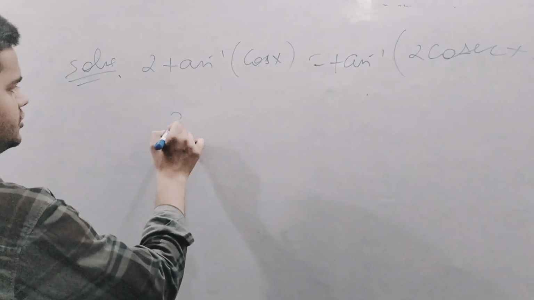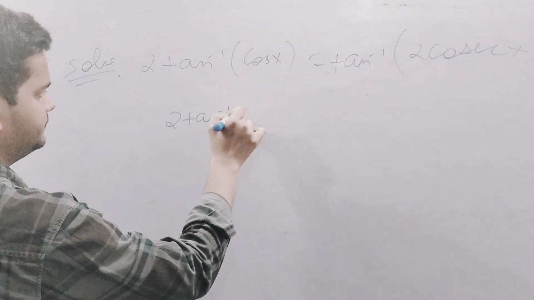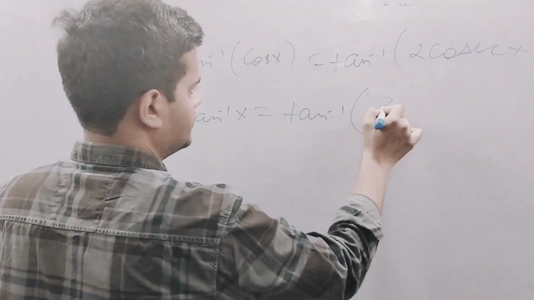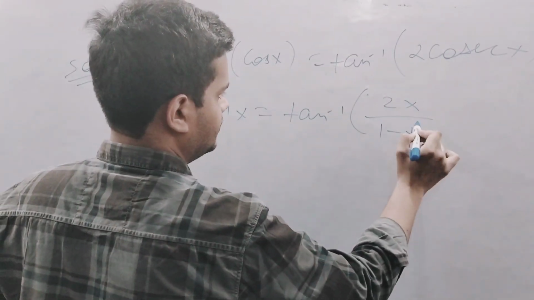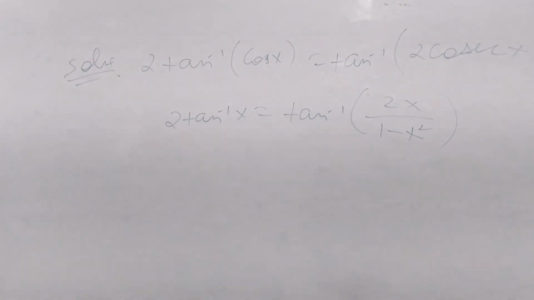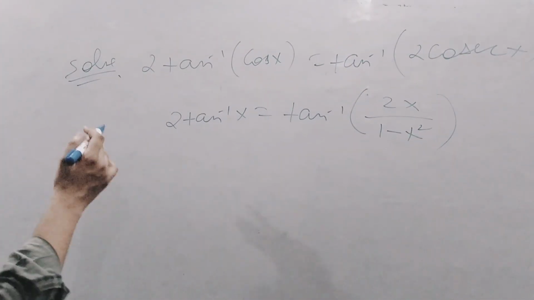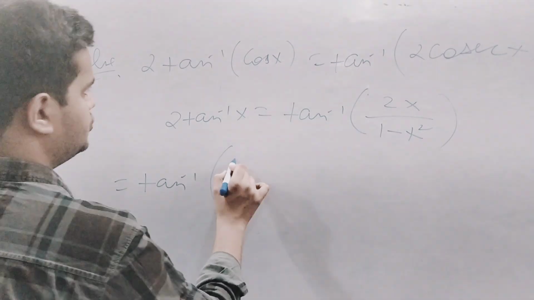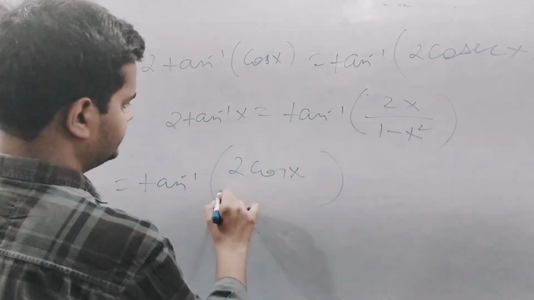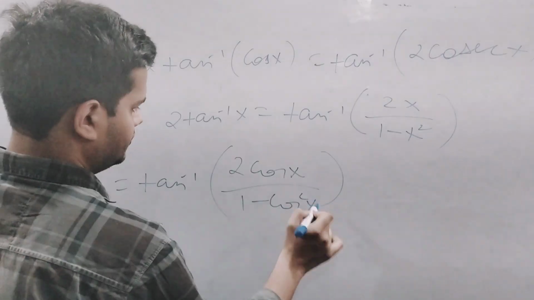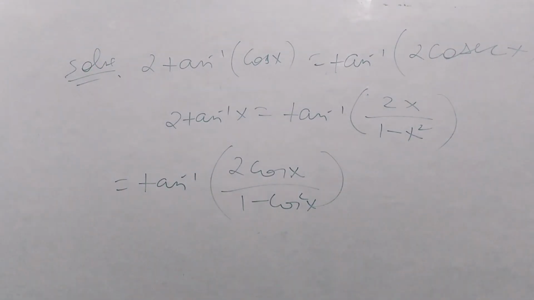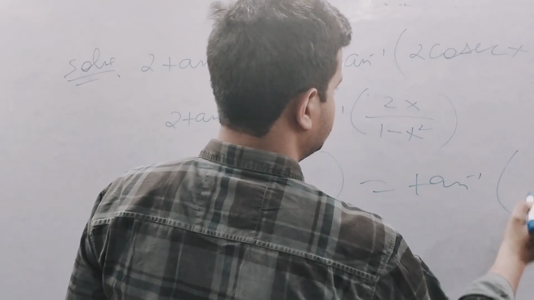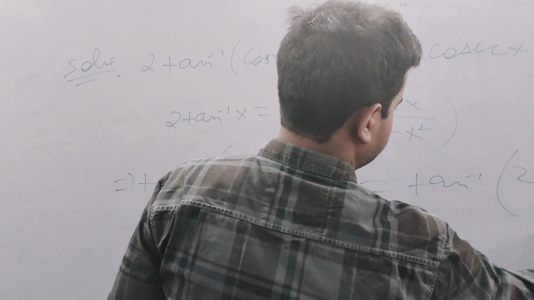Okay, so what is 2 tan inverse x? It is tan inverse 2x upon 1 minus x square. So this becomes tan inverse 2 cos x upon 1 minus cos square x is equals to tan inverse 2 cosec x.